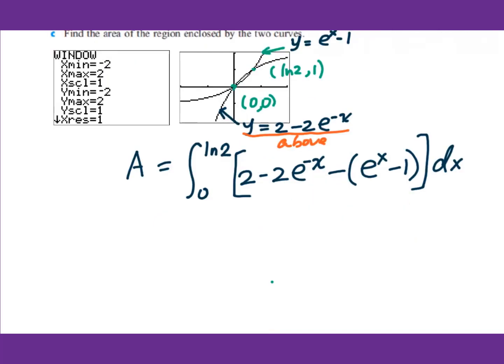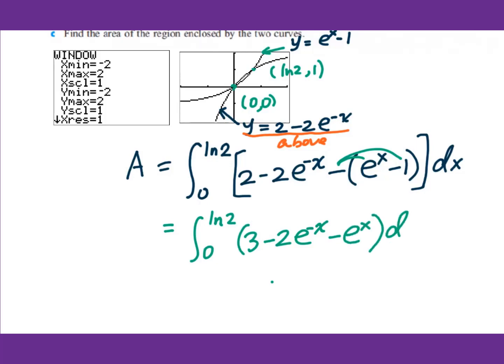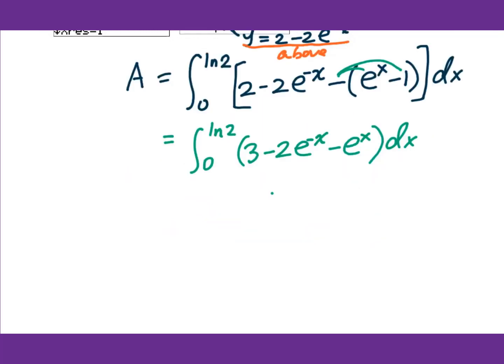You can put this into a calculator or you can work this out. Do the distributive property first. You will get 3 minus 2e to the negative x power minus e to the x power. Then that's the definite integral of this function from 0 to natural log of 2.